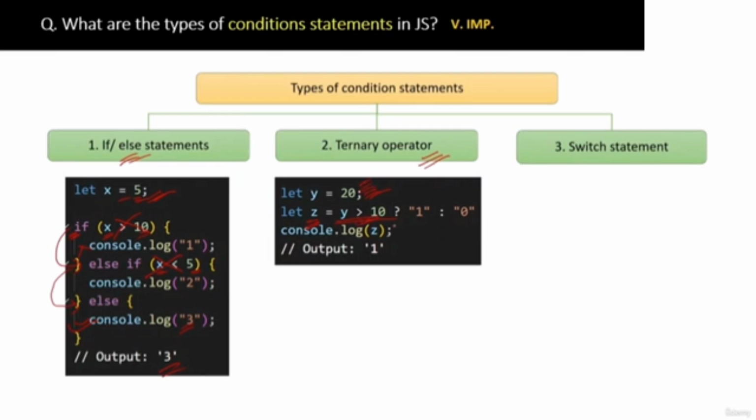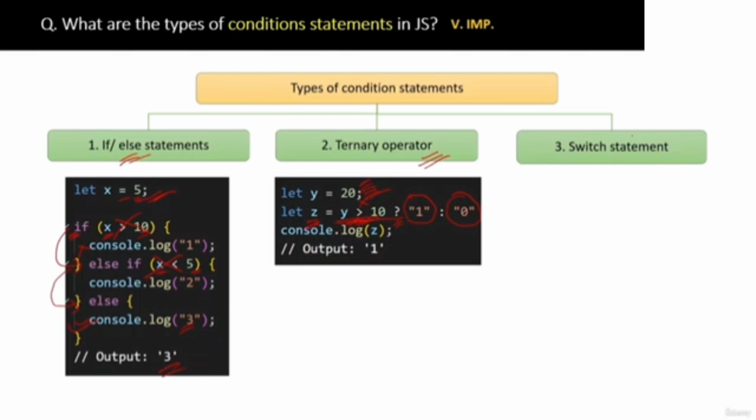And if the condition is true, then the first value just after this question mark will be the result. Right now it is 1 here. But suppose y is equal to 5. Then 5 is greater than 10 will be false. This condition will be false. And in that case, the value next to this colon symbol, which is 0, will be the final value of z. That is a ternary operator.